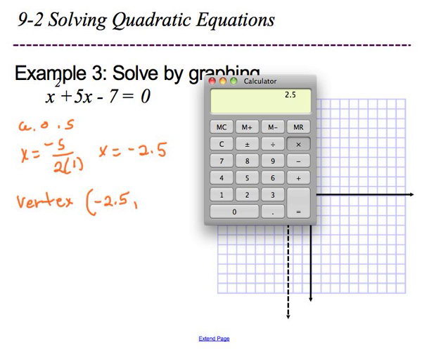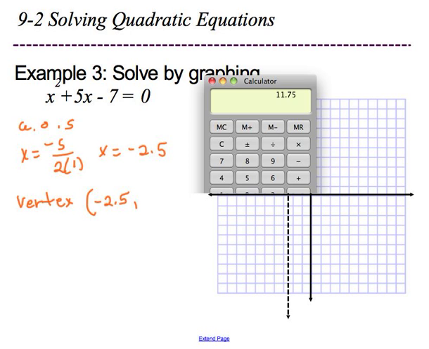Let's do 2.5 times 2.5. And imagine they were negative, and then we squared them. So we'd get 6.25, plus 5 times 2.5, which is 18.75. And then we have to subtract 7.